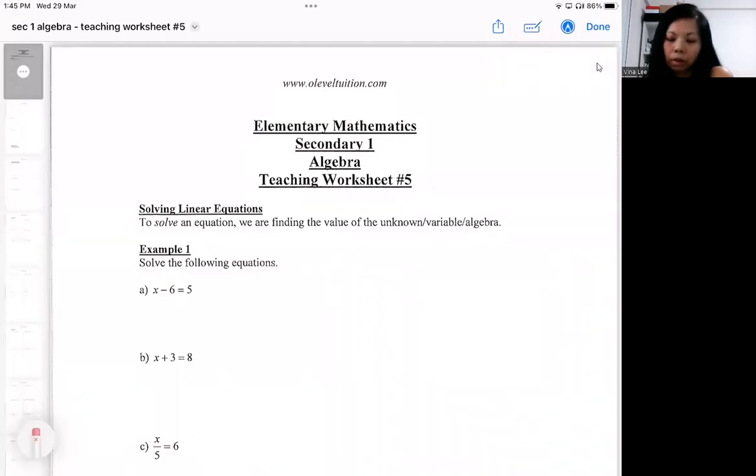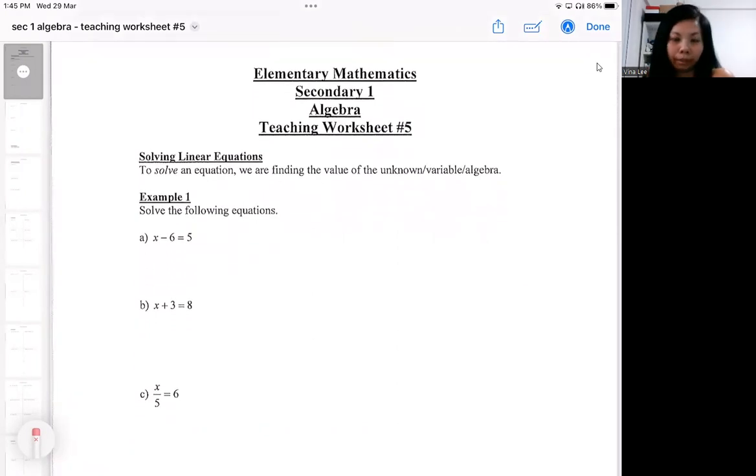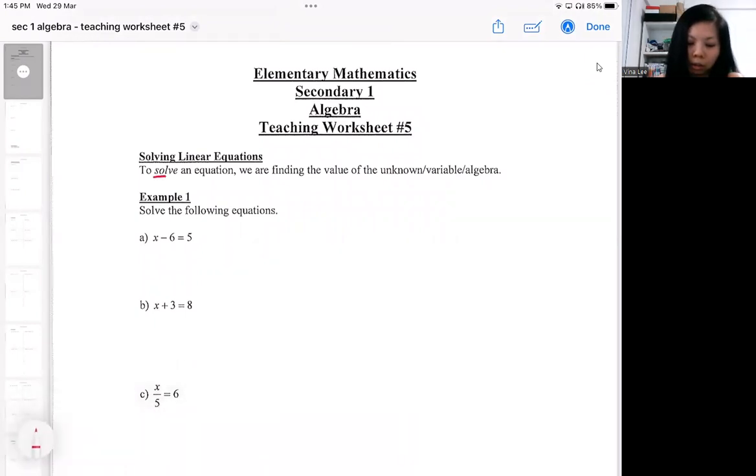Okay, so in this section of algebra, we are going to learn how to solve linear equations. When we say solve linear equation, the meaning of solve means you find the value of the unknown, or the algebra.